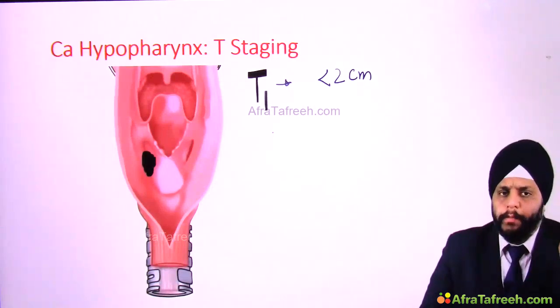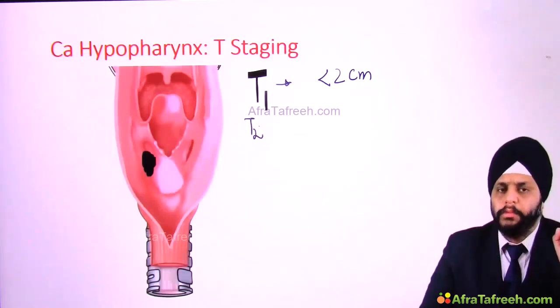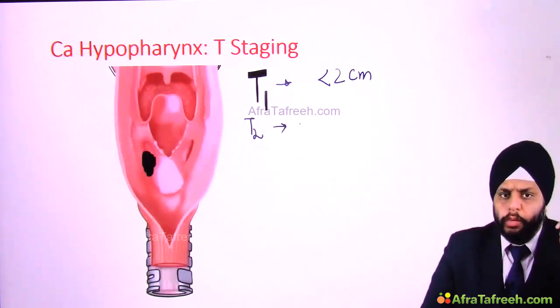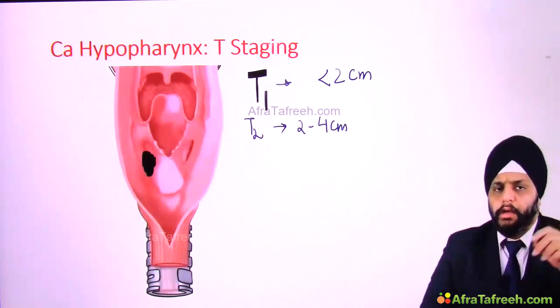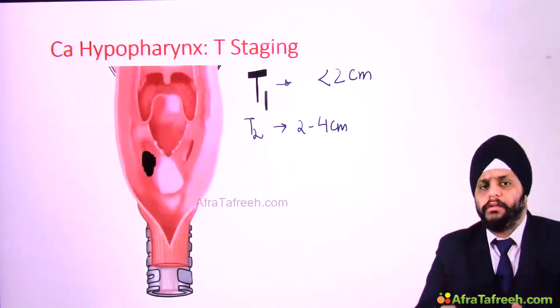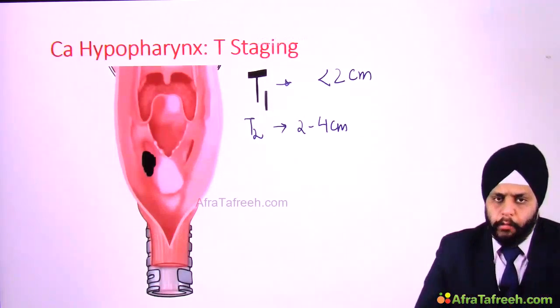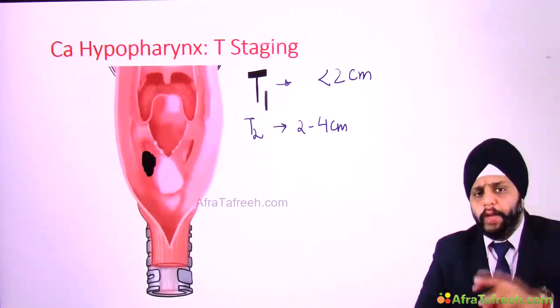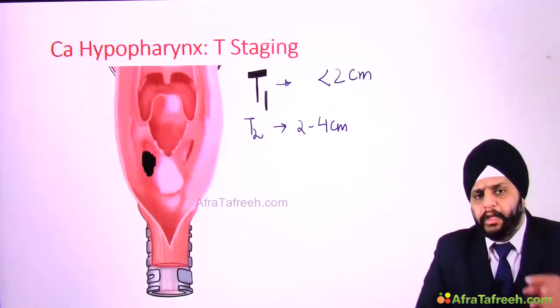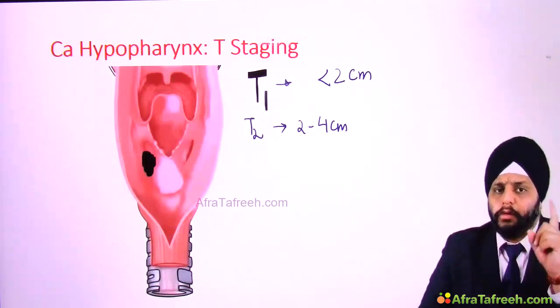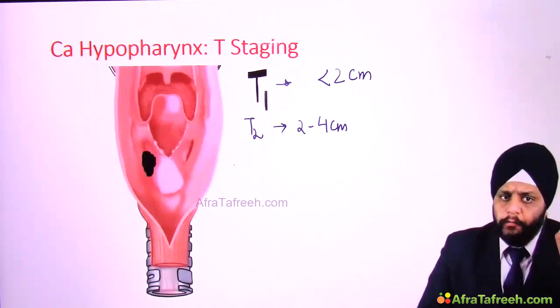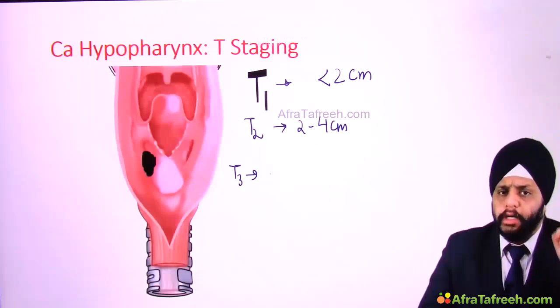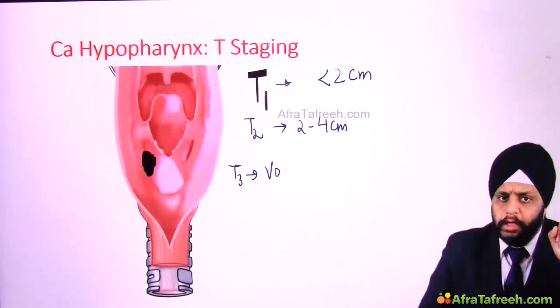Now T2: you can say 2 to 4 centimeters. It involves more than one site. It may even involve the larynx. Remember, the pyriform sinus may go to the larynx, but it should not affect vocal fold mobility. If the vocal fold mobility is gone, then it is T3.